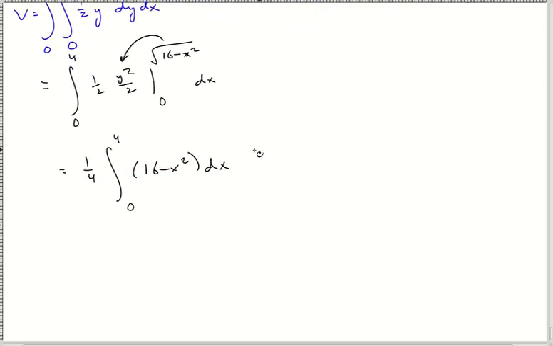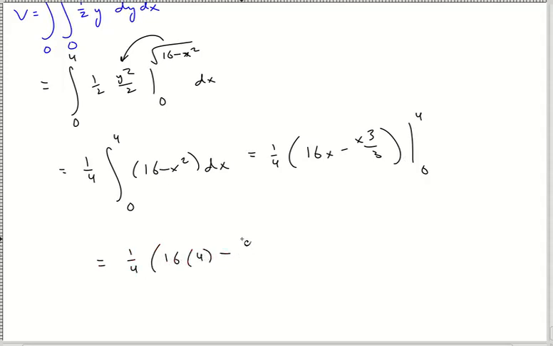So that's actually not too bad to integrate now. 16x minus x cubed over 3 from 0 to 4. The 0 will cancel everything, so the 4 is going to be important. 16 times 4 minus 4 cubed over 3. Eventually you just use a calculator. That's 64 basically for those guys. But then when you cut it with the 1/4 there, 32 over 3. And, well, there you go.